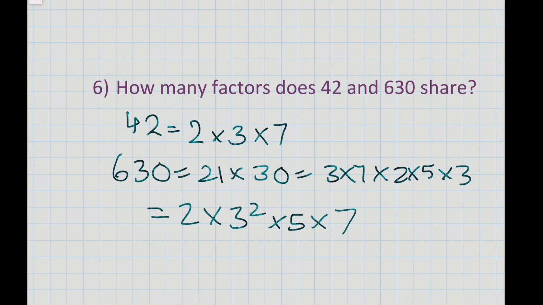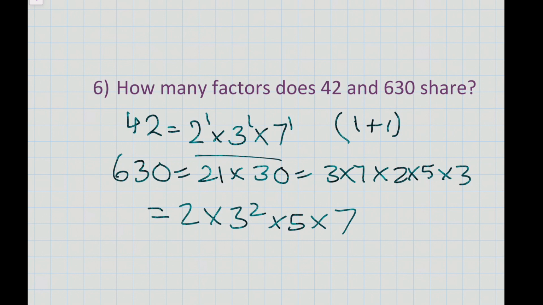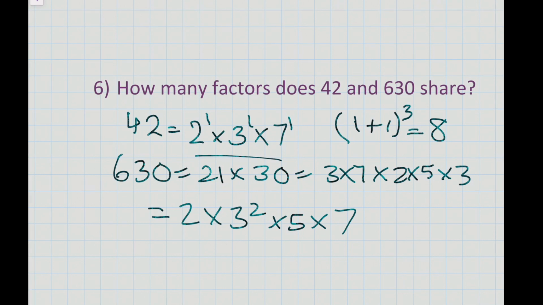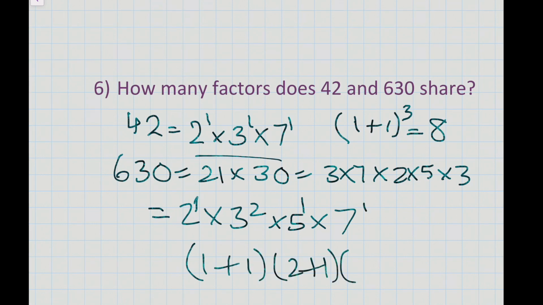Okay, now let's find the number of factors for 42. I'm just going to put exponents of 1. So the number of factors is 1 plus 1 times 1 plus 1 times 1 plus 1, which is 1 plus 1 cubed, and that is equal to 8. Now 2 times 3 squared times 5 times 7, let's put exponents: 1 plus 1 times 2 plus 1 times 1 plus 1 times 1 plus 1.